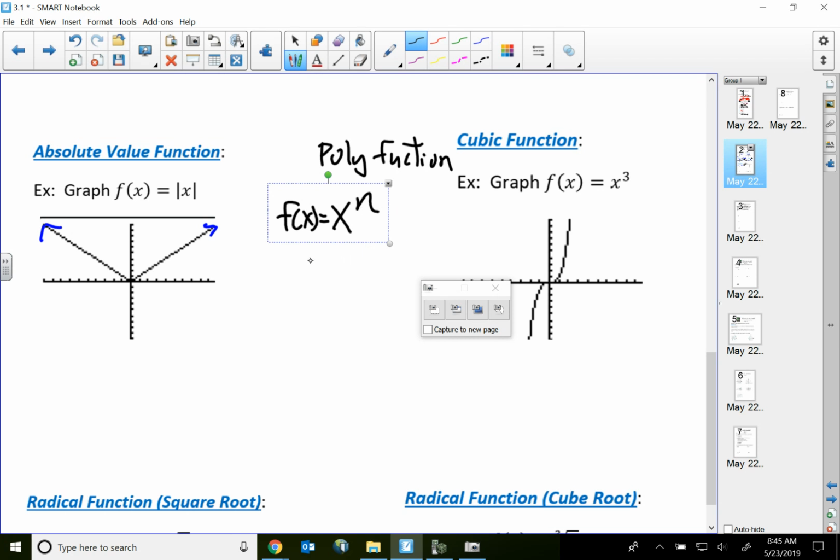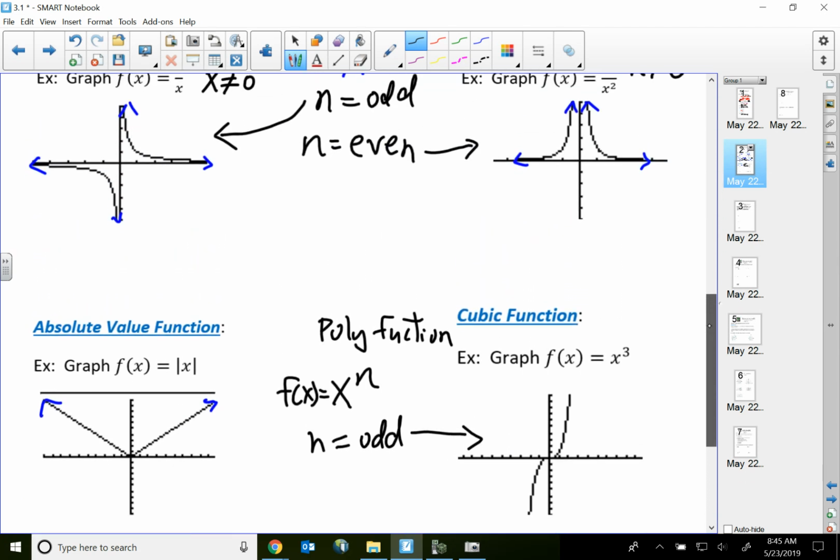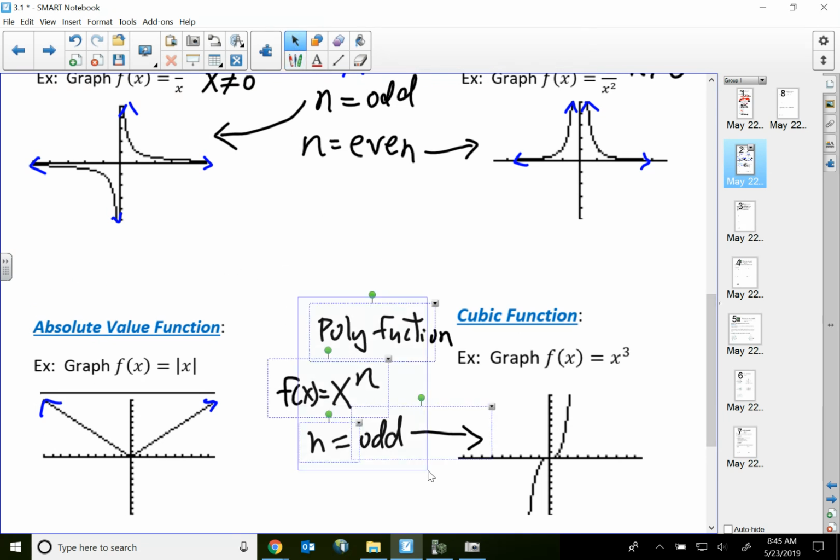If the n is odd, then the picture will always look like this one. If an exponent is even, it will always look like a U-looking shape.